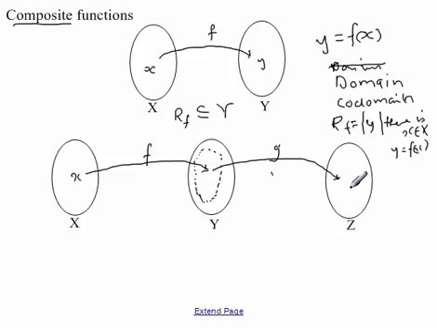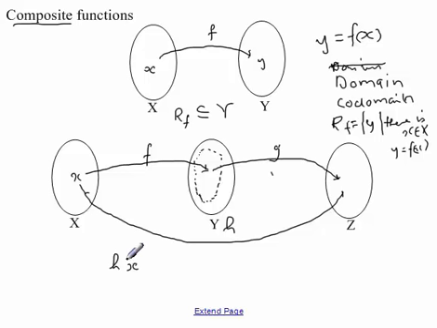But then the question is, is there any function now which will maybe run from there to there? Obviously, if this g is defined on the range of f, yes, there is such a function, let's call it h. What does h do? h will pick x here. That's how h will act.